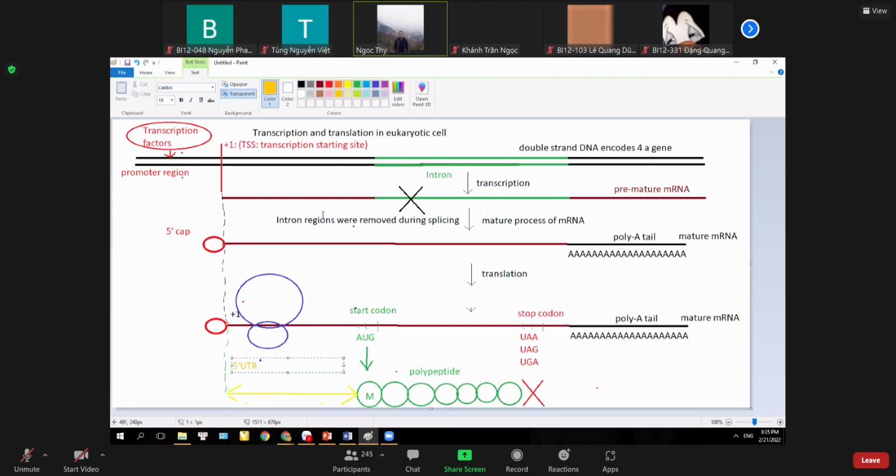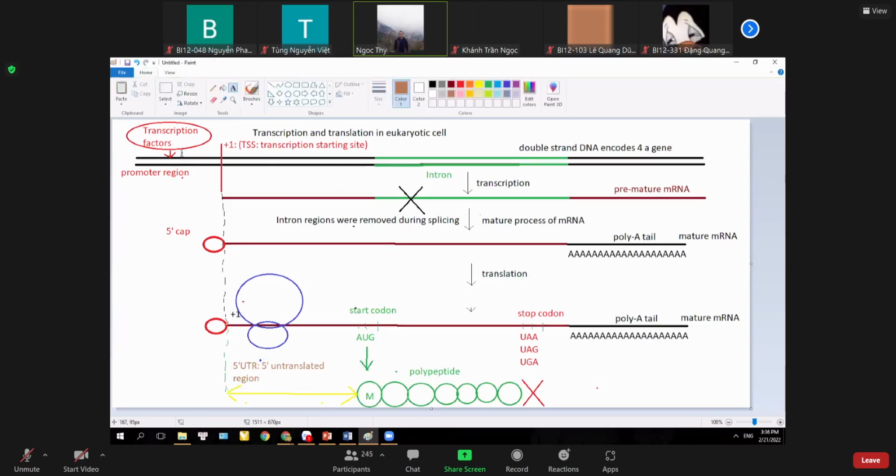So that's why we call it the 5' UTR, or 5' untranslated region. So the position from this to this, and the same with the position here from the stop codon to the end.